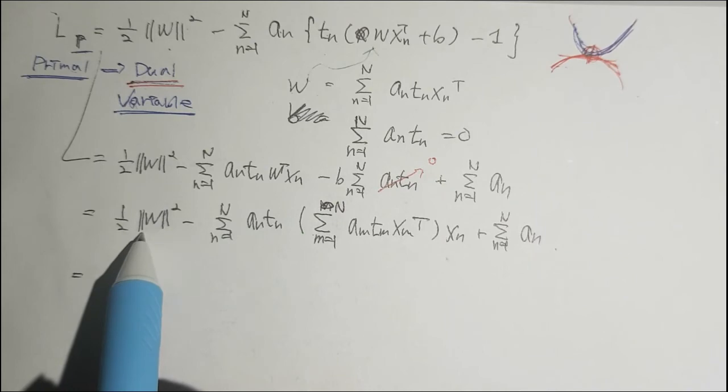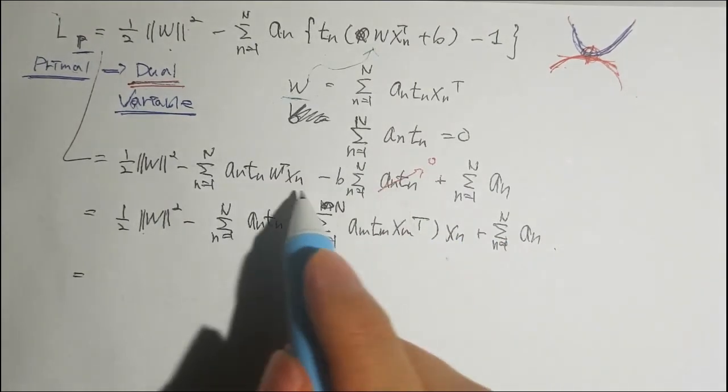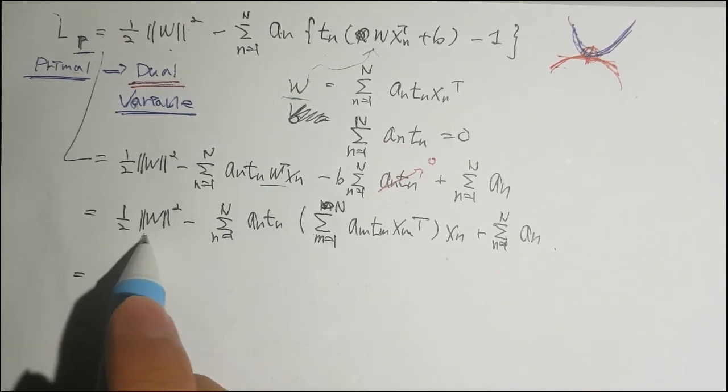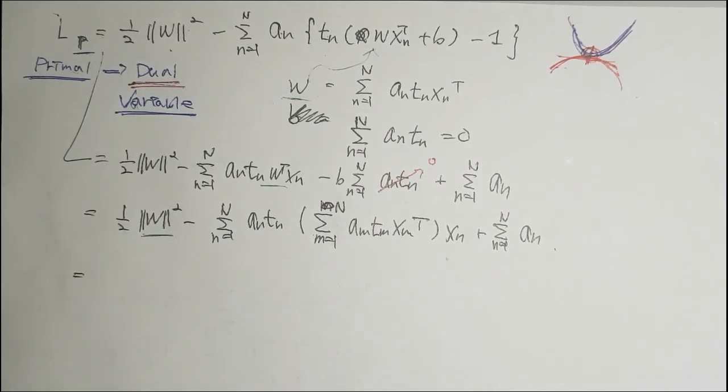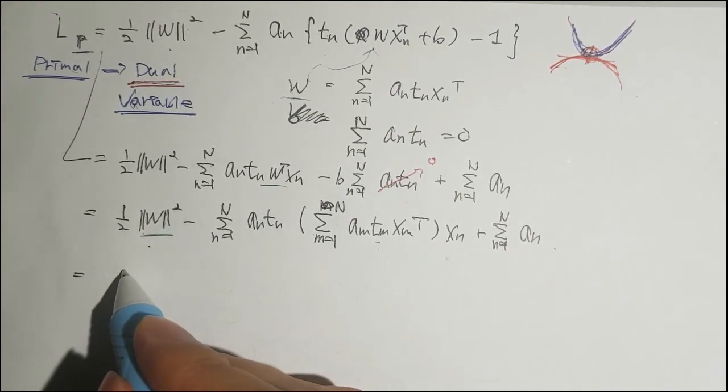And also I will put this value not only for this W but also for this W, and we'll make this equation simpler.